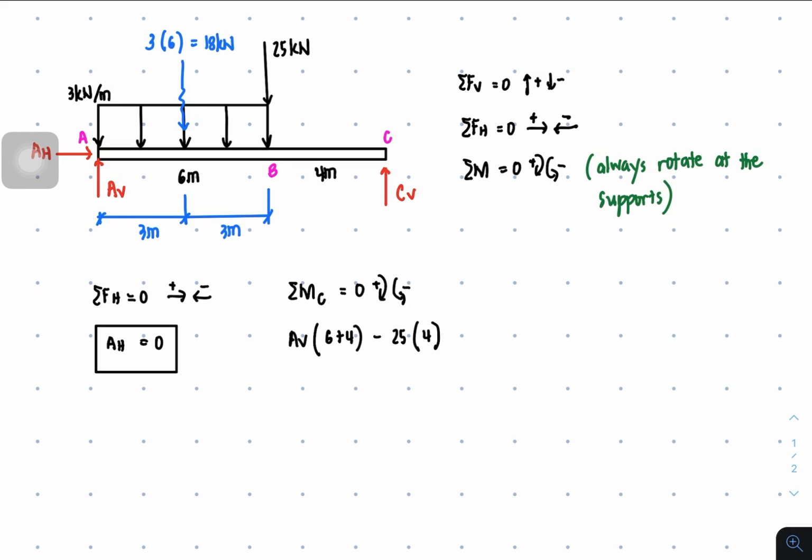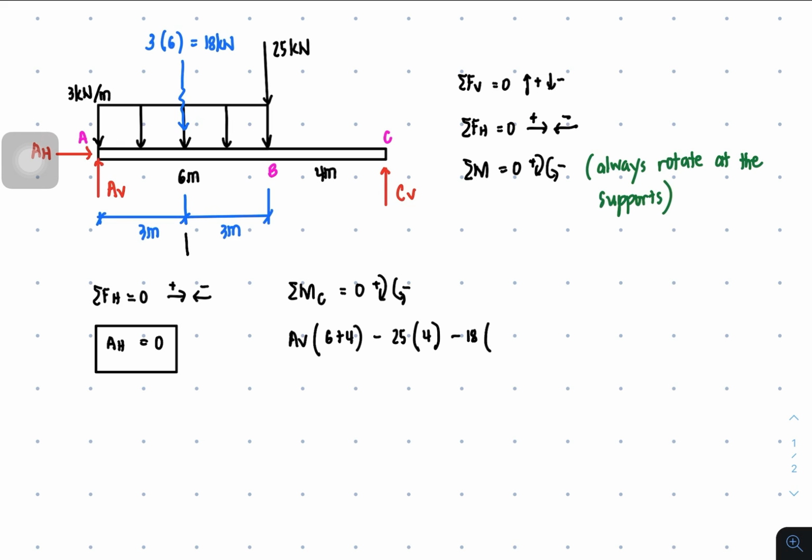As you observe, this force will actually move the entire beam counterclockwise, so this 18 resultant will be considered negative, and the moment arm is the distance from the resultant of 18, which is here, towards point C. So basically, it's the sum of 3 and 4.